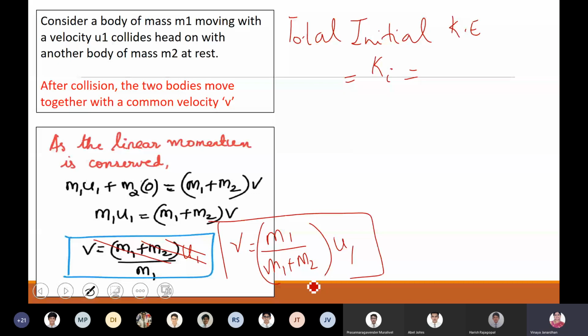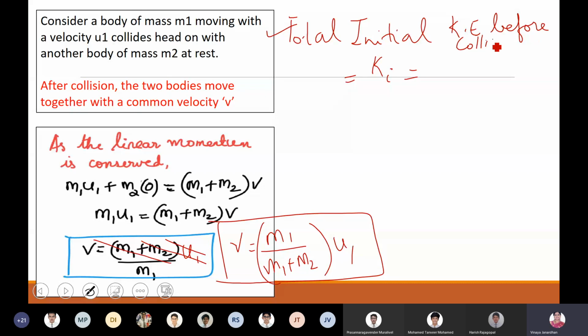Are you getting this? Now find the total initial kinetic energy. Total initial kinetic energy will be the kinetic energy of the first body plus the kinetic energy of the second body before collision.